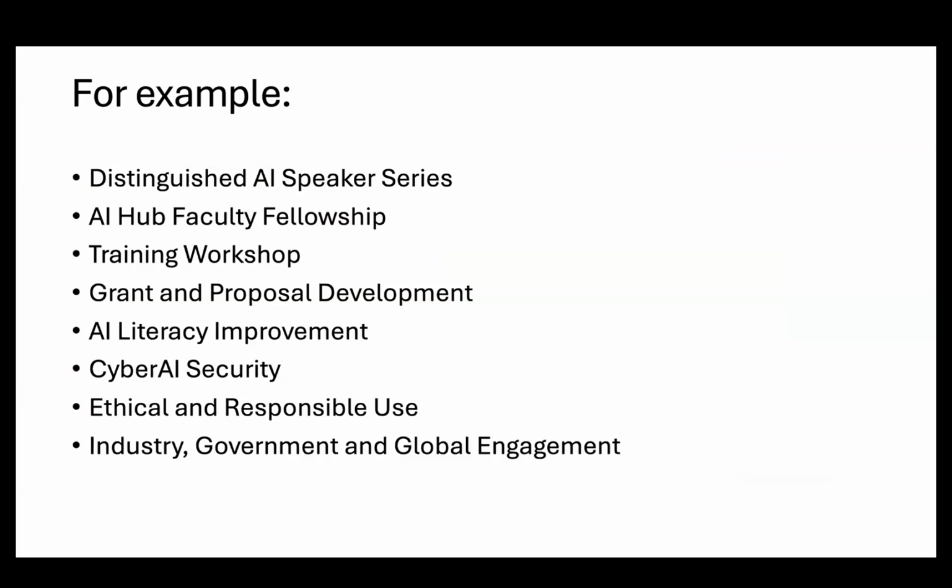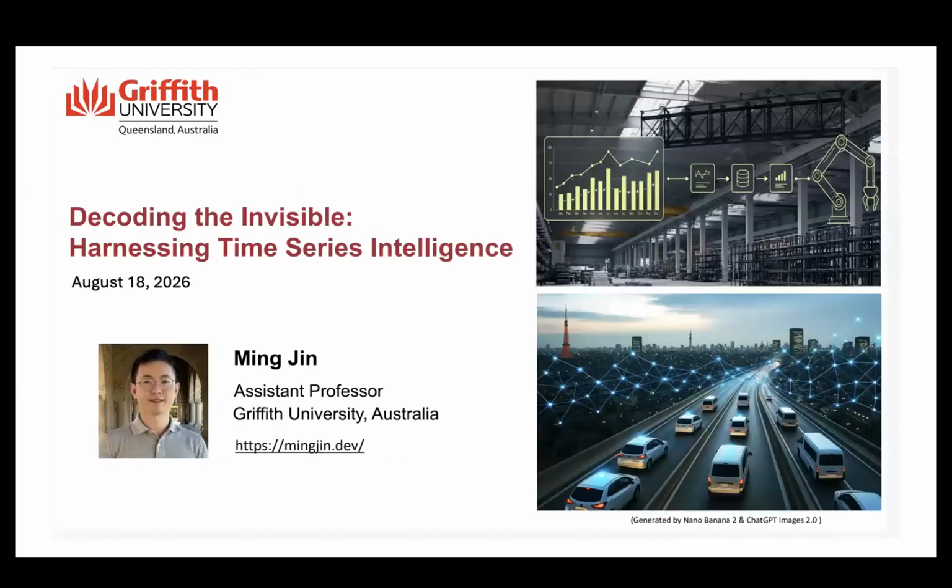For example, we plan to have a distinguished AI speaker series, an AI Hub faculty fellowship, training workshops, grant proposal support, AI literacy improvement, cyber AI security, and ethical, responsible use, and also develop industry, government, and global engagement. For example, next month we will talk about time series large language models, because how we can implement time series data is a key question.